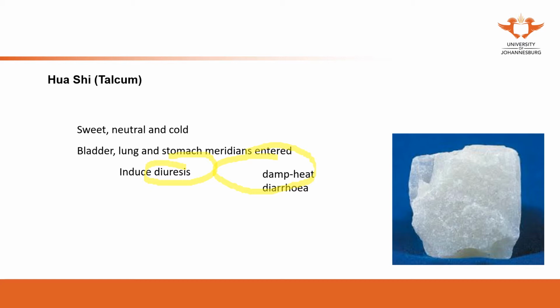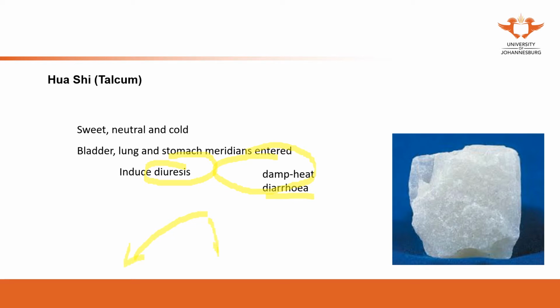This is very interesting in Chinese medicine. There's one approach that we can use for treating diarrhea. It says we induce diuresis to stop diarrhea. So we try to lead the body fluids out through urination instead of going through the intestine.